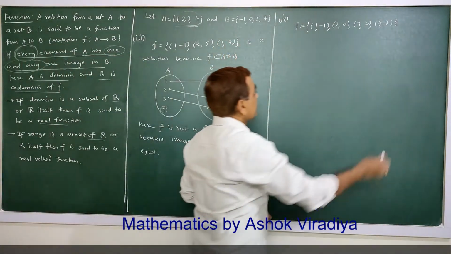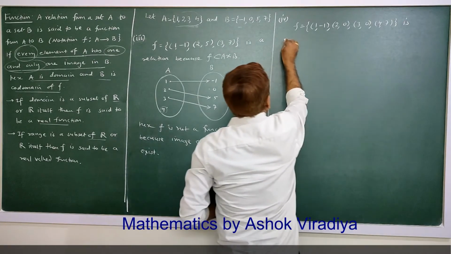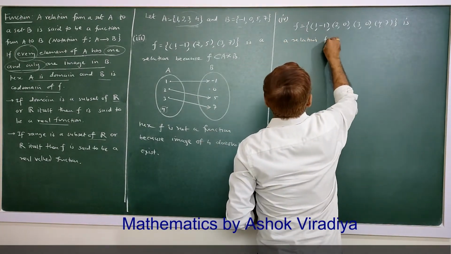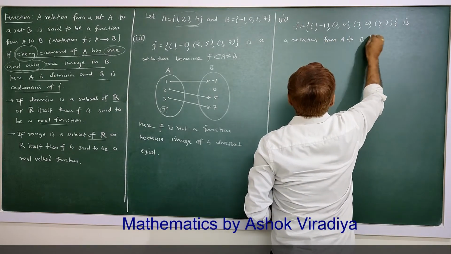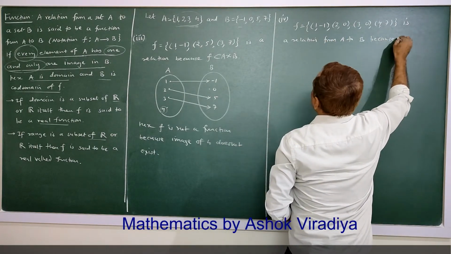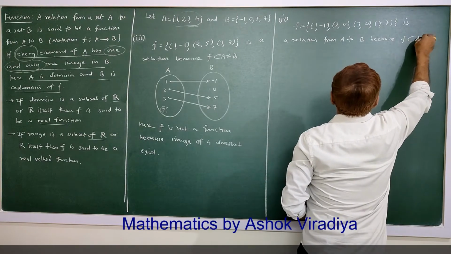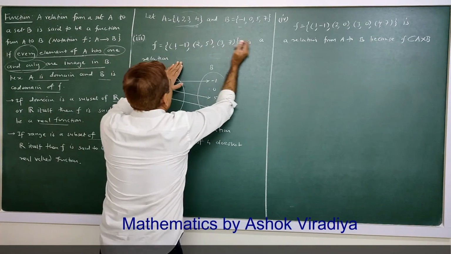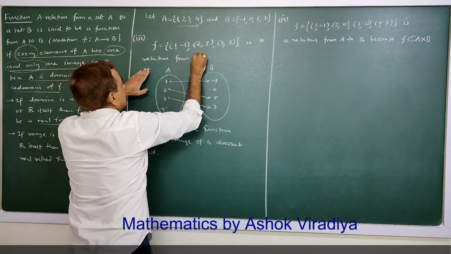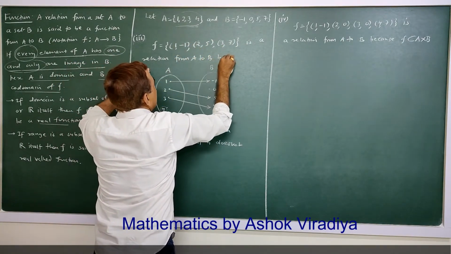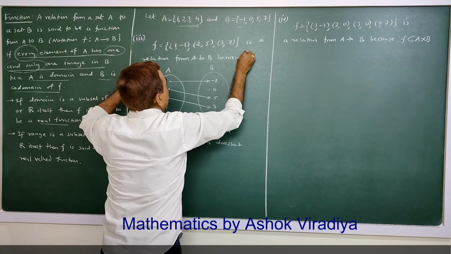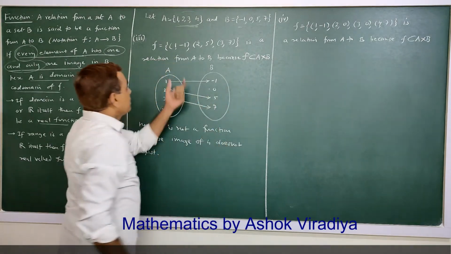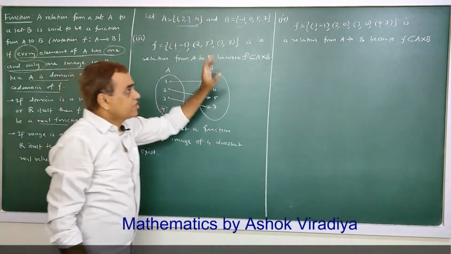This is a relation from A to B, because f is a subset of A cross B. Few words I missed, so I corrected this statement.